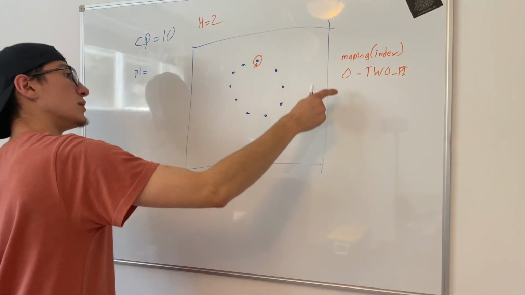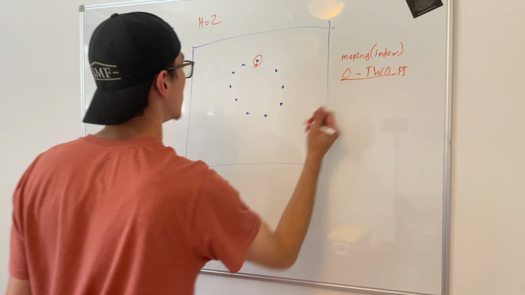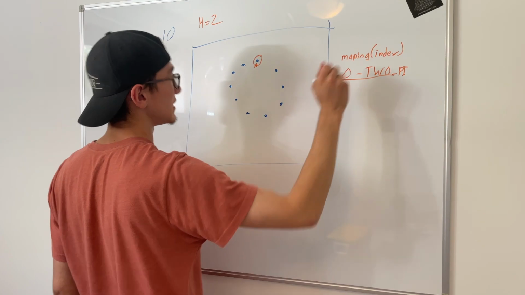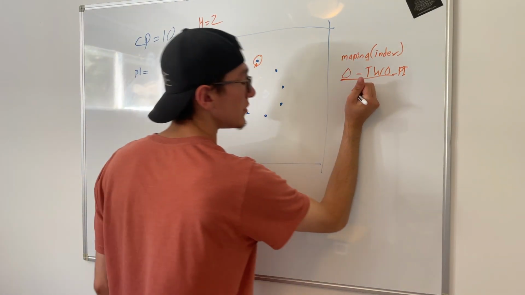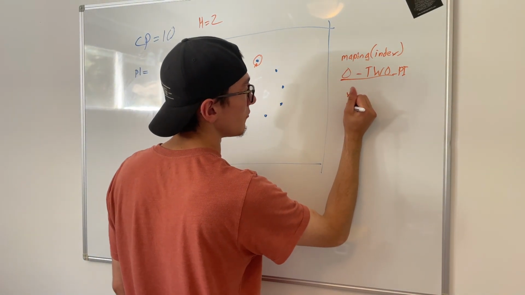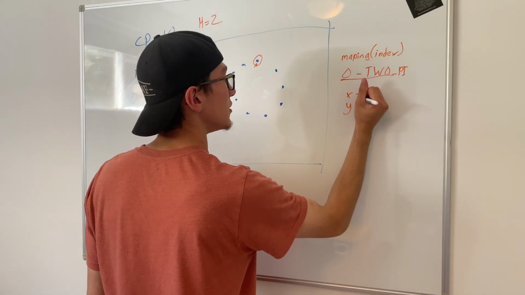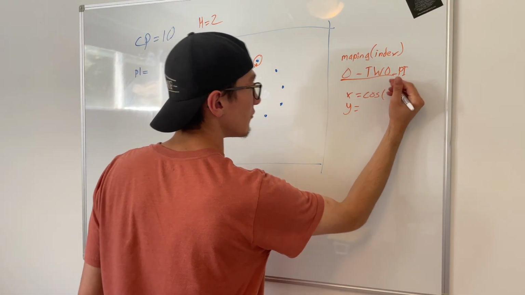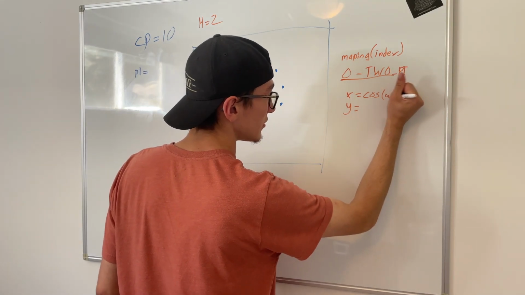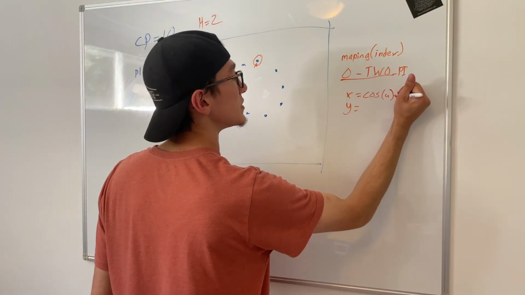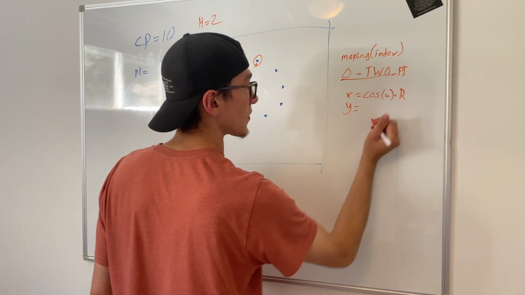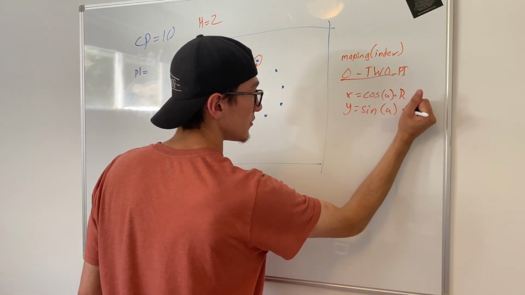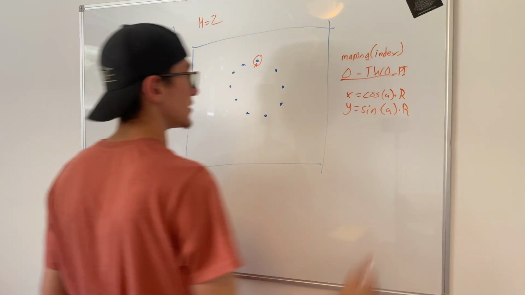Right. So this gives us basically the position of the point. Well, this gives us the angle for that specific point. Then we can get the x and y by simply doing the cosine of this angle, let's call it A, times its radius, and the sine of the angle, again times its radius, right?